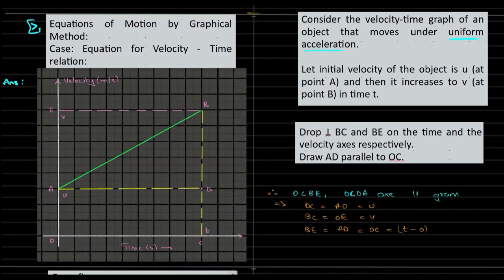And I'll include that part over here with a uniform acceleration of a. Okay.